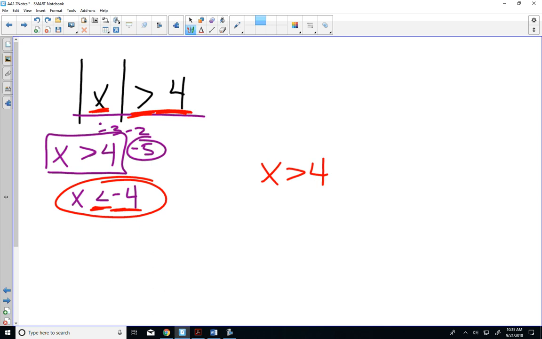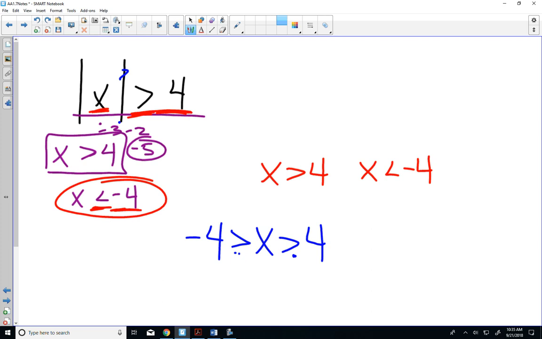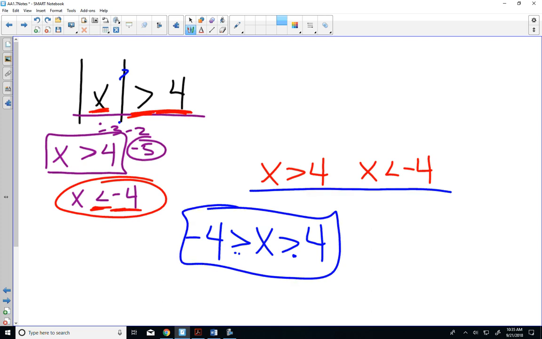And then the other one, you switch the inequality and you switch the sign. The other way that you can write this is to just drop the absolute value symbols, x is greater than 4, and then just leave the symbol pointing in the same direction and put a negative 4 here. That says the same thing as that.